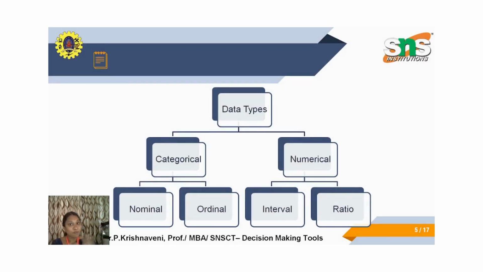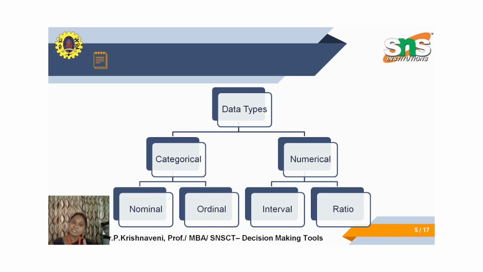Normally, we can classify data into two aspects: one is categorical data, the other is numerical data. As I said, gender, like male or female, is a category. Marks obtained by the students are numerical data. Again, these can be classified into four types. One is nominal data, which is categorical.